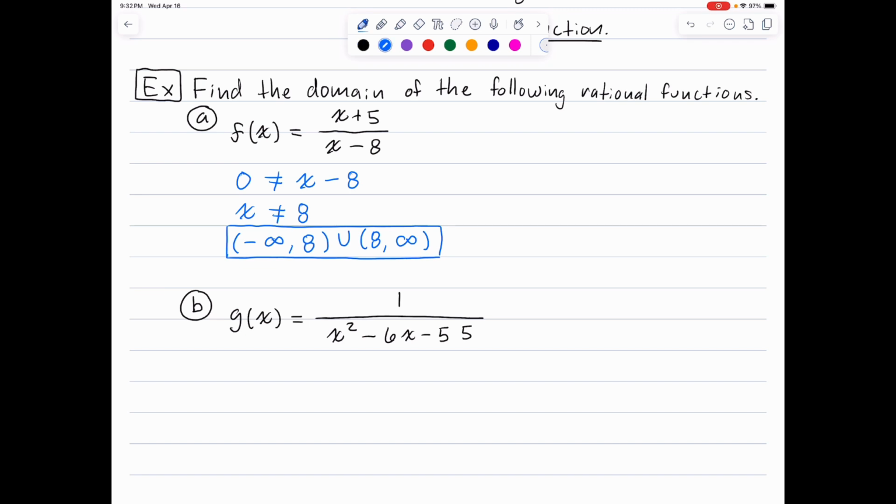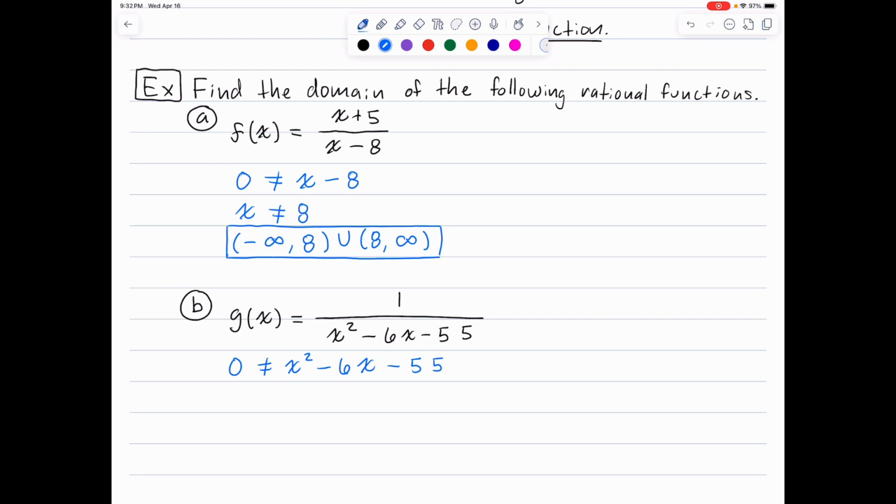So we know that the denominator, x squared minus 6x minus 55, cannot equal 0. So we're going to go 0 cannot equal x squared minus 6x minus 55.